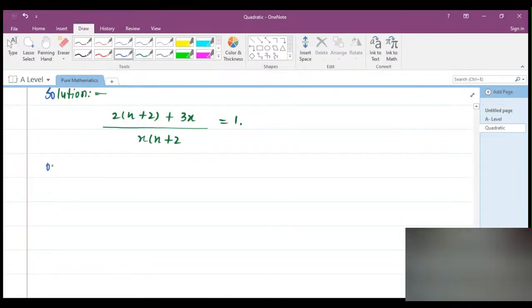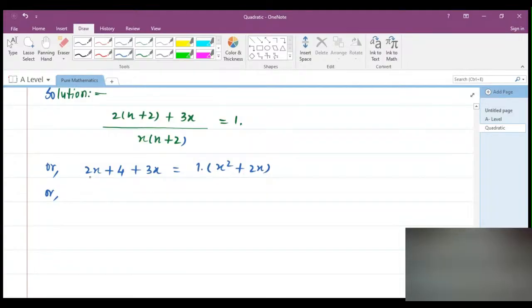Or here will be 2x plus 4 plus 3x equal to 1 into x into x equal to x square plus 2x. Hope that there is no problem to understand up to this step.